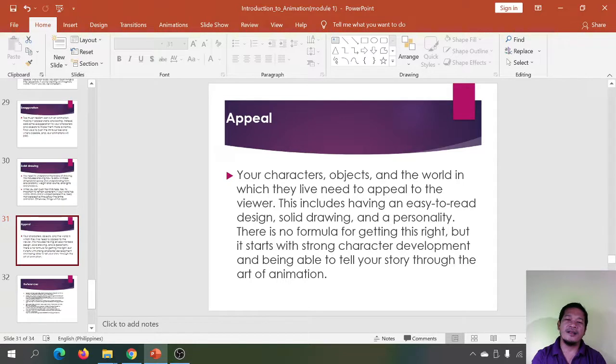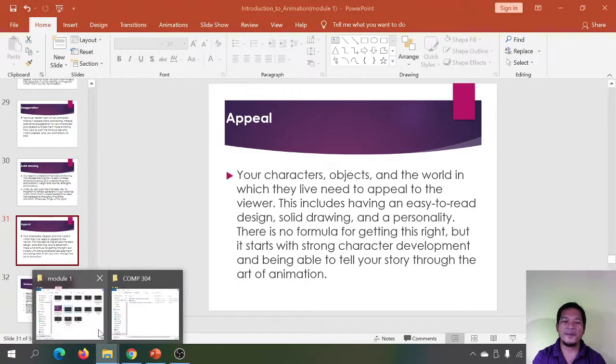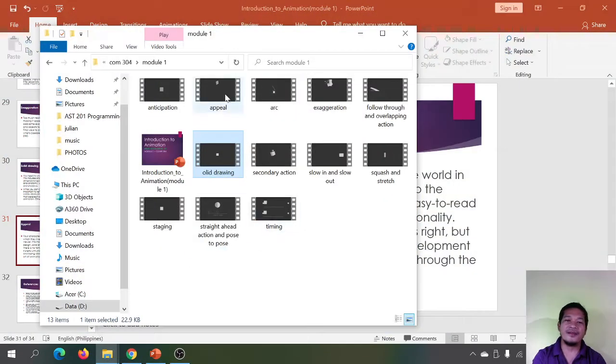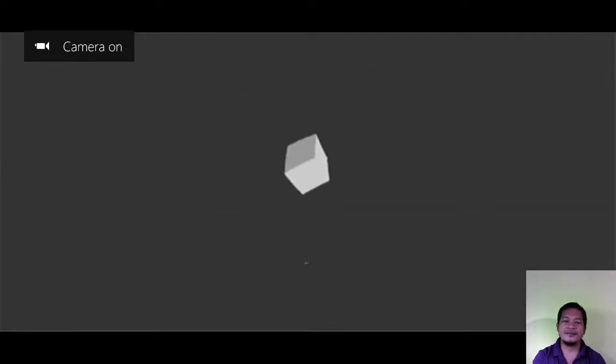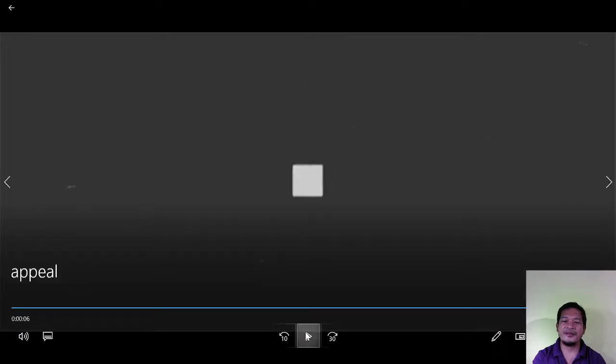There is no formula for getting this right, but it starts with strong character development and being able to tell your story through the art of animation. So that is appeal.